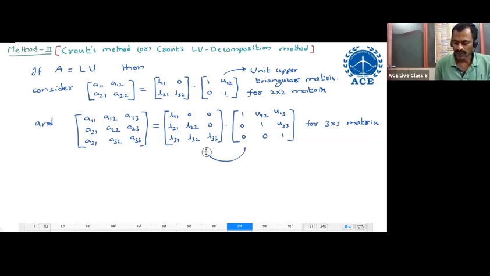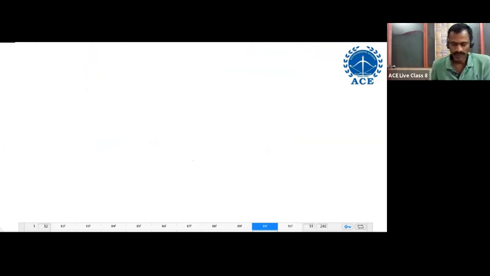Without this also we can find the L and U matrices by using the echelon form method. Finding the lower triangular matrix is the same as the column echelon form method, and finding the upper triangular matrix is the same as the row echelon form method. That is a simple shortcut method. Now we do the problems.